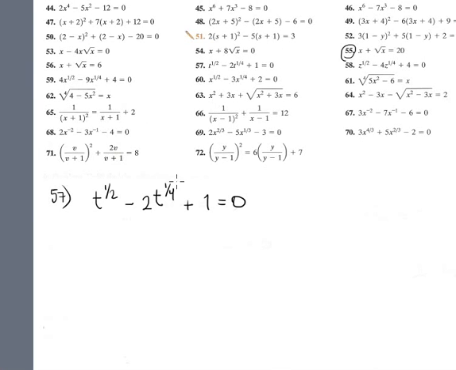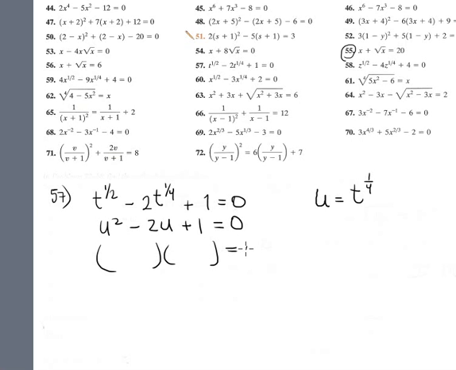Okay, again, this equation is quadratic form, where the u variable is t to the 1/4. This is u squared minus 2u plus 1 equal to 0. It's a perfect square, so the solution here is u equal 1.